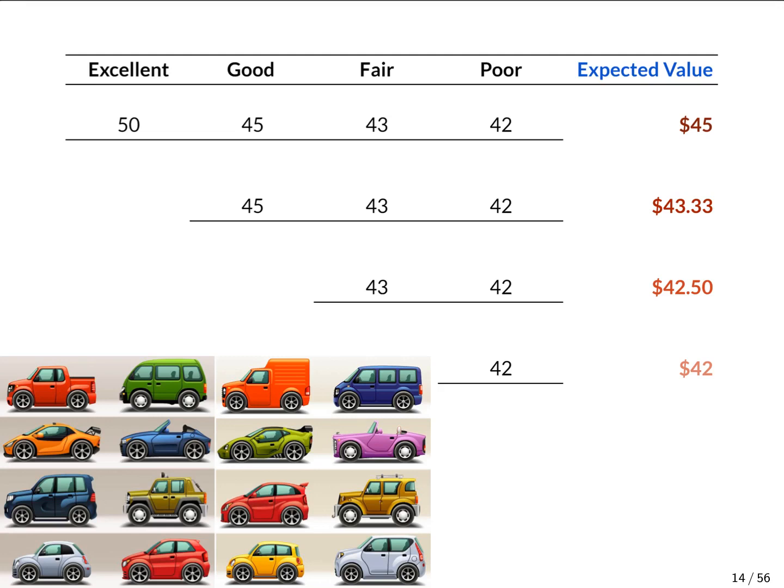Not knowing the exact quality, the buyer is only willing to pay the expected value of the car, which is a quarter times 50, a quarter times 45, a quarter times 43, a quarter times 42, and then add them up. So that's the expected value of the car.